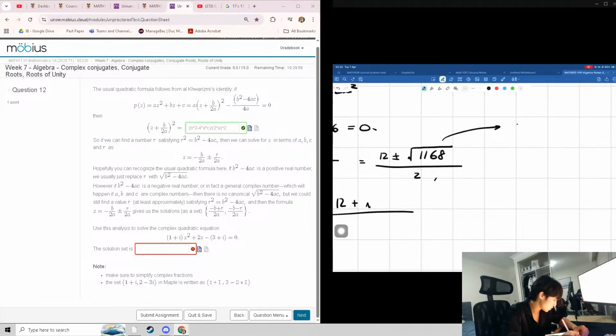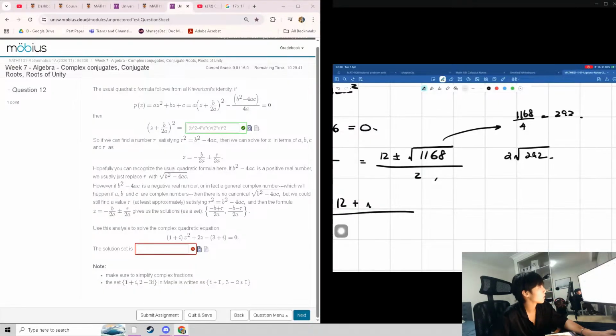But this means we can go 1168 divided by, let's go divided by 4. That's 292. So we brought 2 outside. And then 292 divided by 4 once again is 73. So we get 4 root 73.